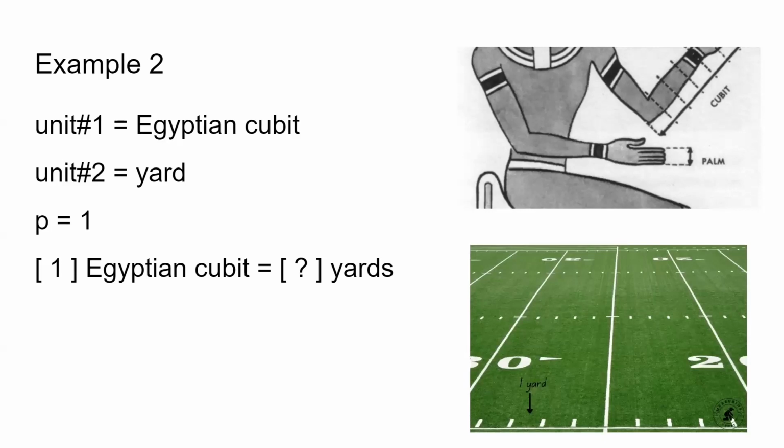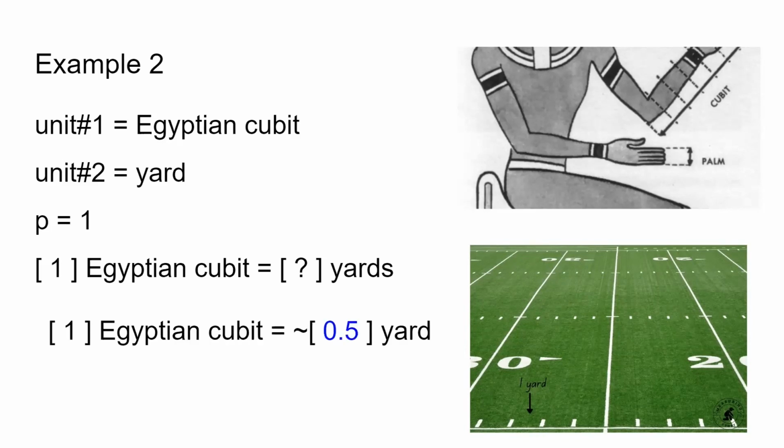As we know, 1 yard can be seen in the football field. You can think of how many cubits, or your forearm and hand, can fit between these 2 markings. For an average adult, it's about half of a yard. Therefore, we can approximate that 1 Egyptian cubit is about half a yard.